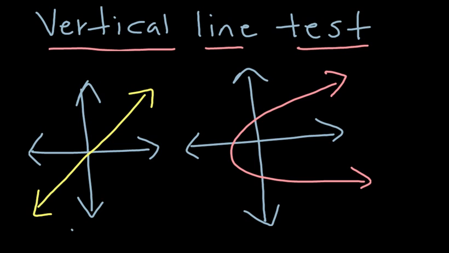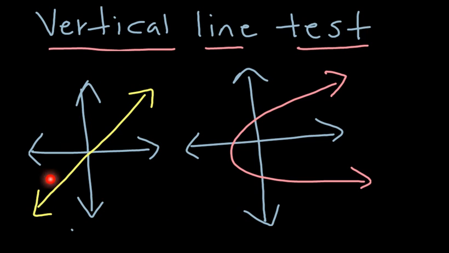When it gives you a graph and it asks you to decide if it's a function, what you do is look at the graph. Let's look at this first one. And you say, if I put a vertical line anywhere on this graph, does it touch more than one point on the graph? Now the yellow line is the graph.